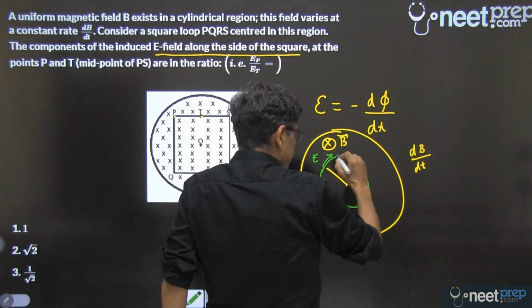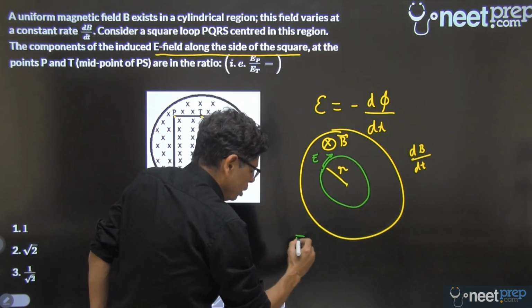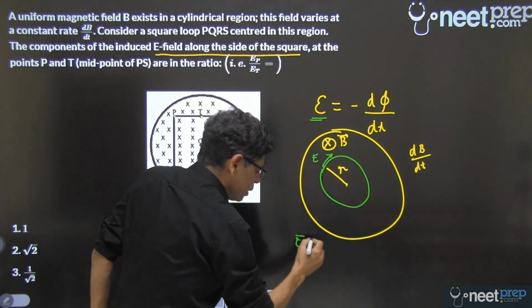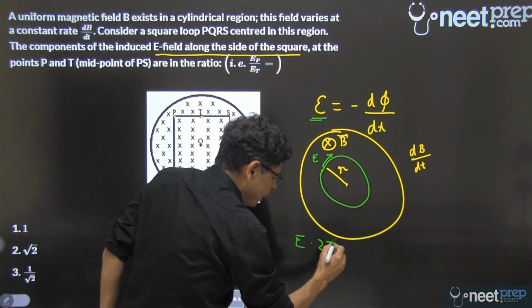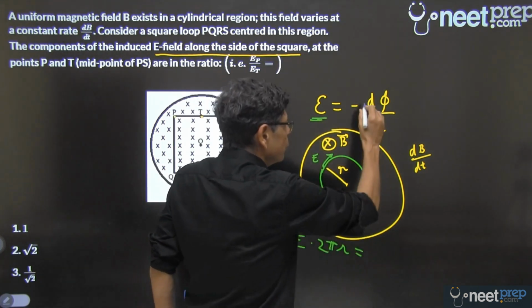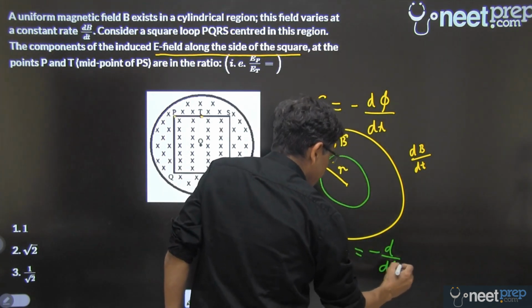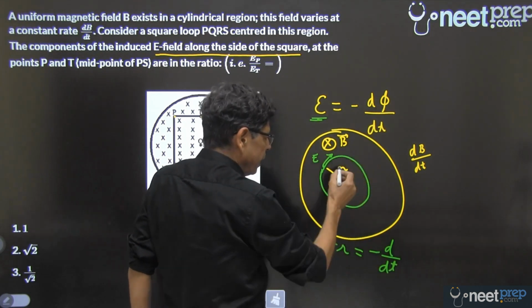So how much is this E? Well, E dot dl done all around will give you the induced EMF, which is E into 2 pi r, is equal to minus d by dt of phi. And what's the phi?